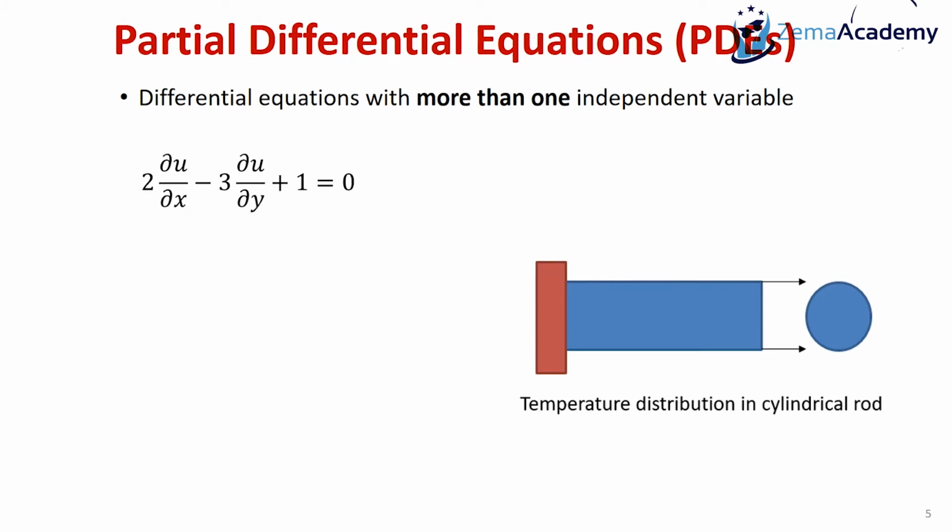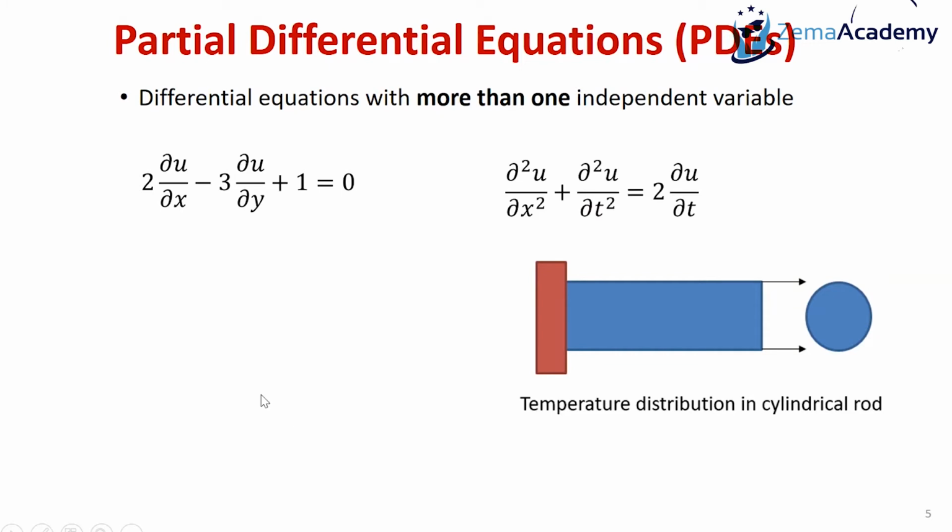When you are using a partial derivative, then you use Dava. So it is Dava u by Dava x minus 3 Dava u by Dava y plus 1. This is just a simple equation, but now the D is being replaced by the term Dava.